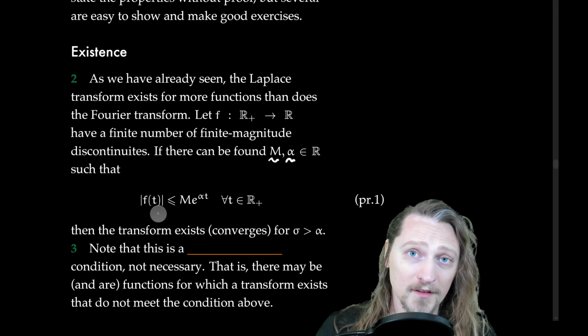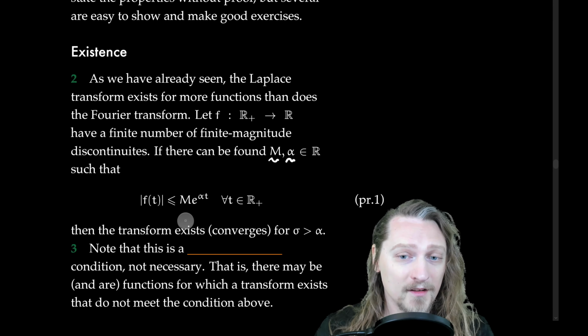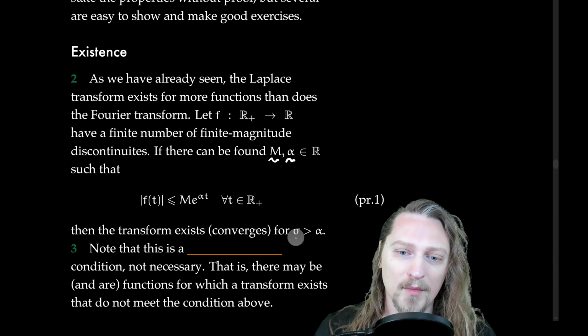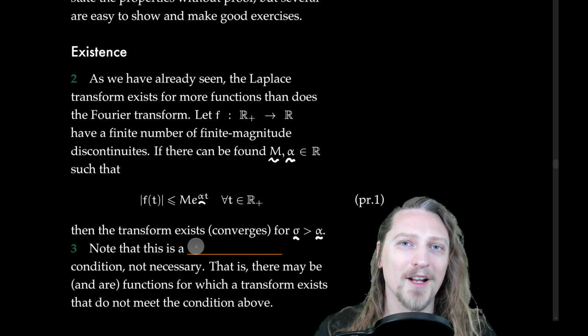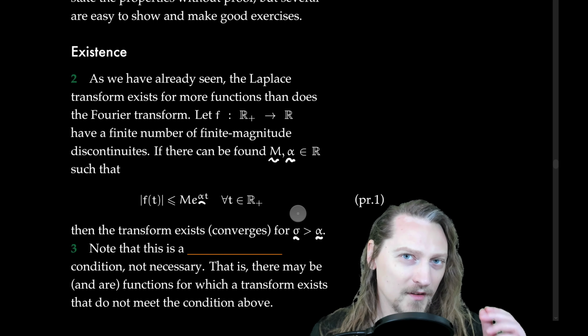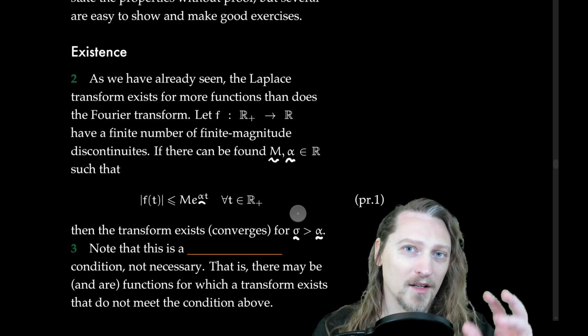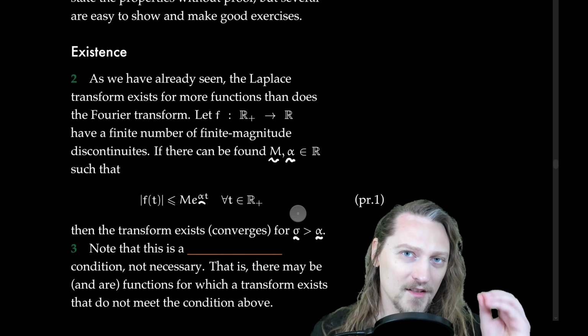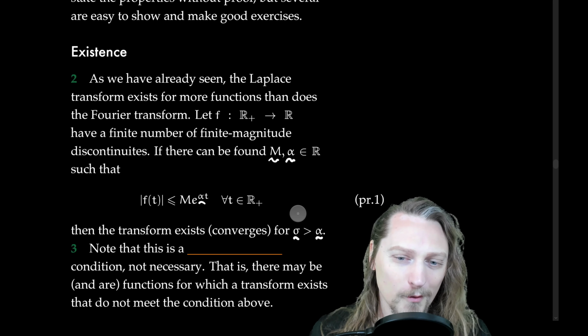And if this function is bounded by this exponential, then for some sigma greater than the alpha that defines this exponential, sigma is what determines whether the Laplace transform converges or not, right? It's potentially the envelope function on the rest of the transform.